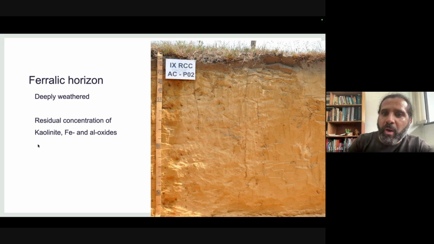So now we have, let's say, a relative iron concentration. In the previous cases, all of those cases, we have an absolute concentration of iron.